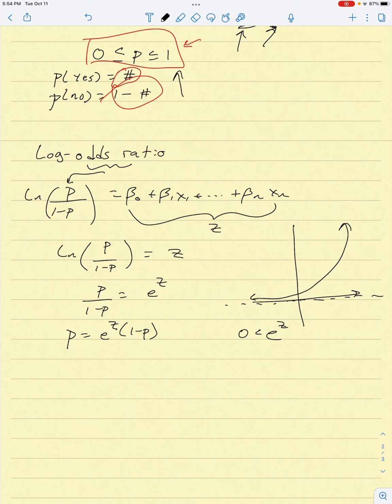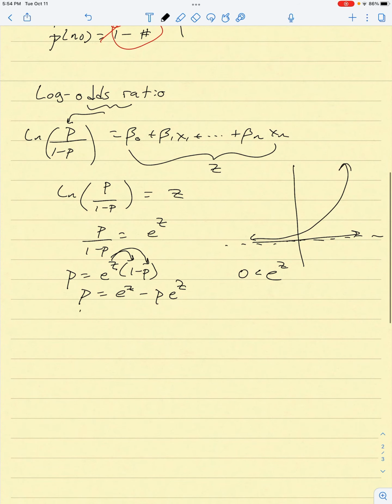And then if I distribute that out, it's going to be e to the z, and then minus p e to the z. I'll add p e to the z to both sides. That's going to give me just e to the z here.